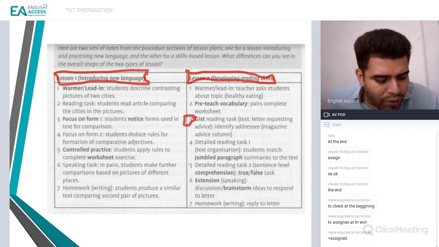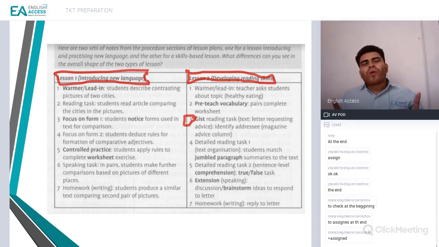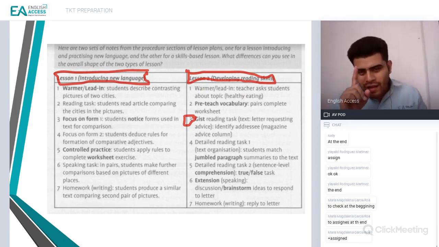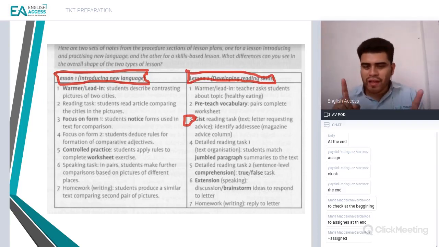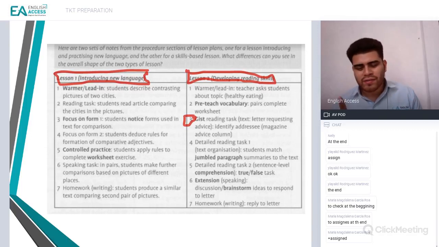Now, what usually goes first? Doing an activity individually or checking the activity in pairs? Which one do you think goes first?